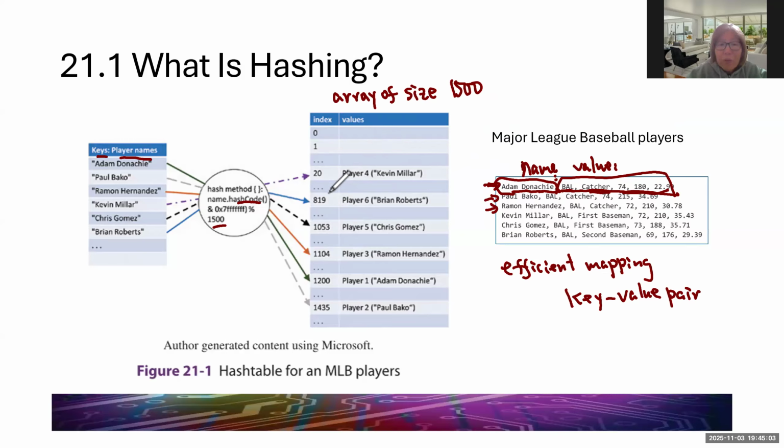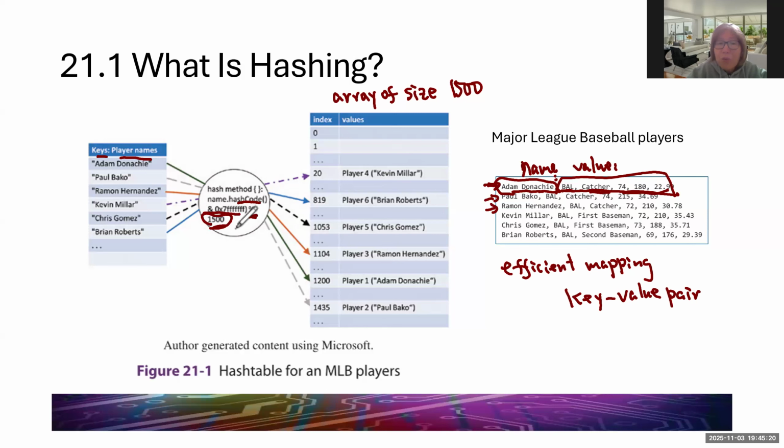What we can do is, after we apply the hash code, we do some bitwise operation and then we do modulo 1500.